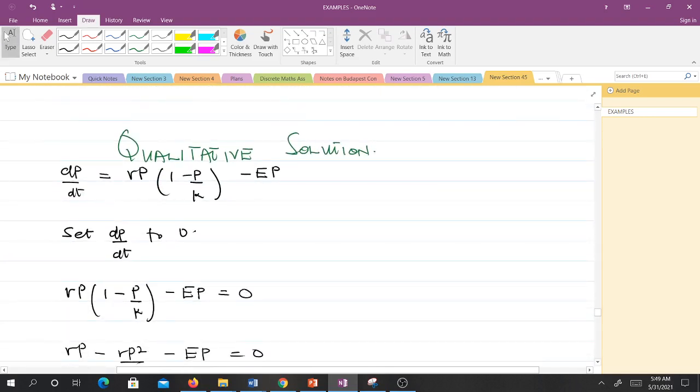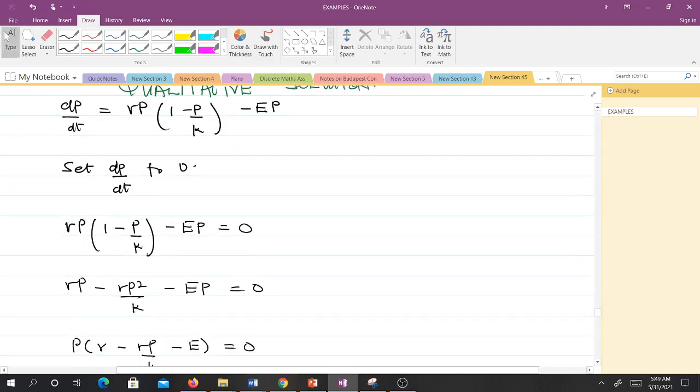So now let's look at the qualitative solution for that one. We have the model dP/dt equals RP times (1 minus P over K) minus EP. First of all, we have to find the fixed points since we are solving it qualitatively. So we set dP/dt to 0.